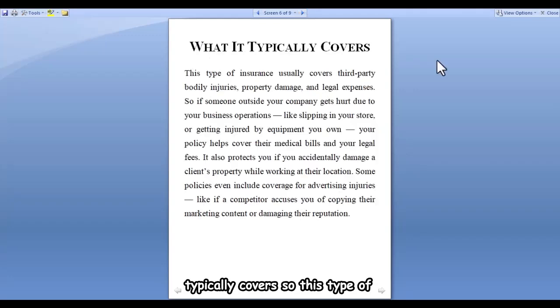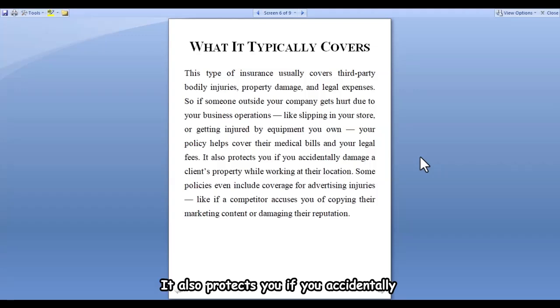Now let's go to the next page. What it typically covers. This type of insurance usually covers third-party bodily injuries, property damage, and legal expenses. If someone inside your store gets hurt due to your business operations, like slipping in your store or getting injured by equipment you own, your policy helps cover their medical bills and your legal fees.